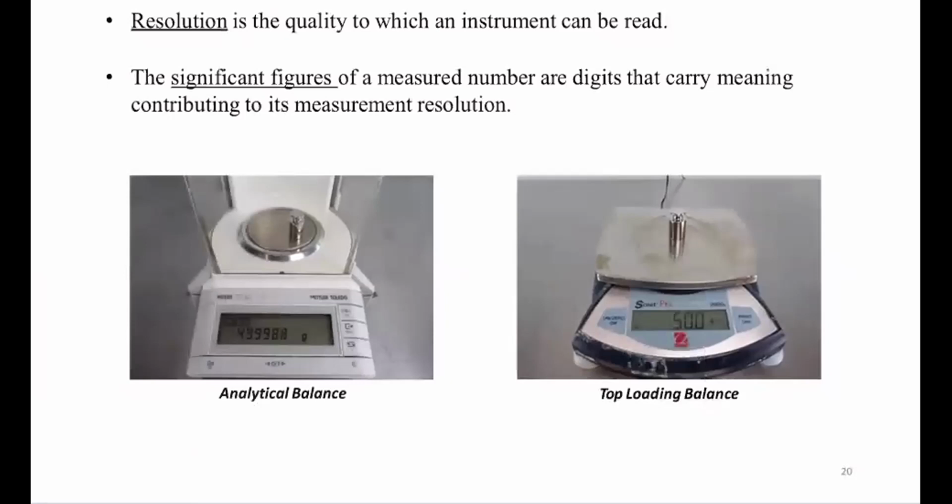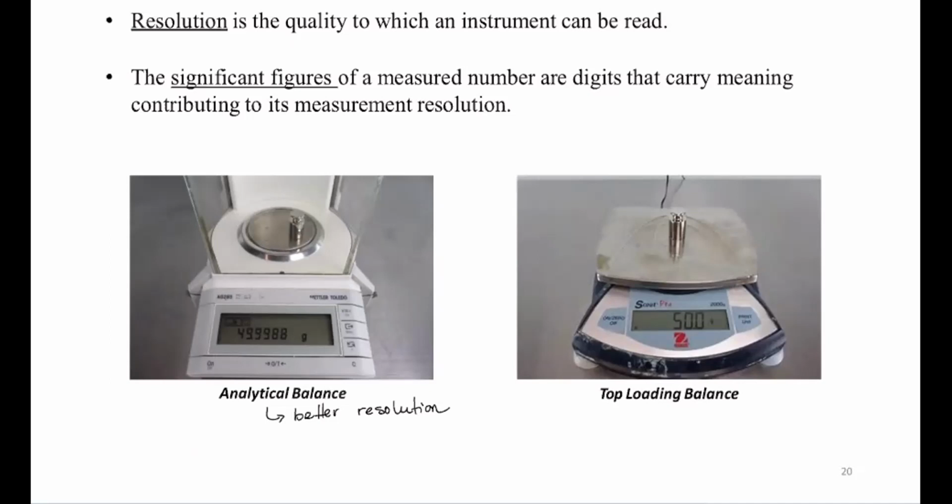Since resolution by definition is the quality to which an instrument can be read, out of these two instruments, the analytical balance will have a better resolution compared to a top loading balance, because on the screen you don't see that many digits.